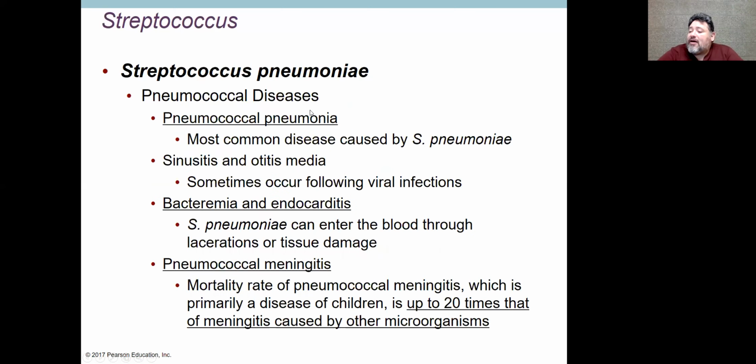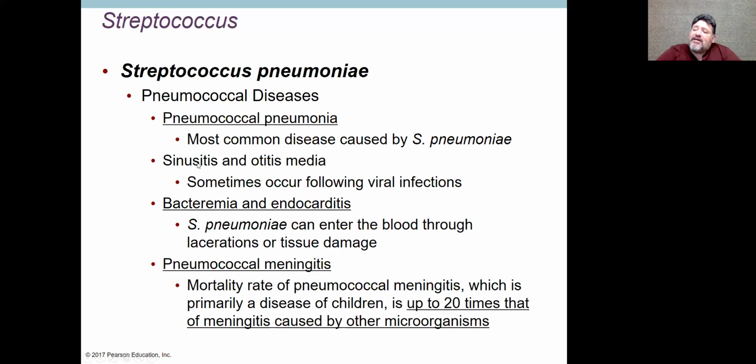Okay. So Streptococcus pneumoniae, not surprisingly, can cause pneumonia, okay, pneumococcal pneumonia. In infants, the eustachian tube is short and horizontal.